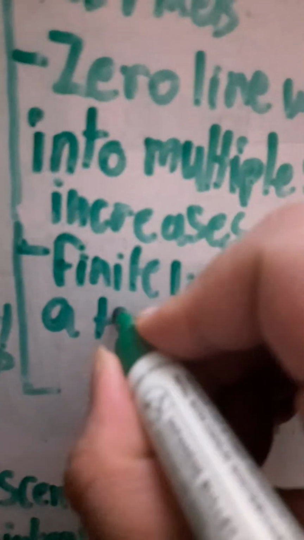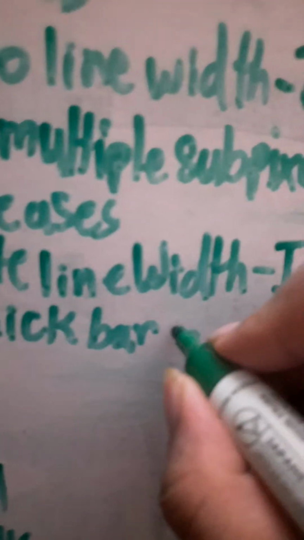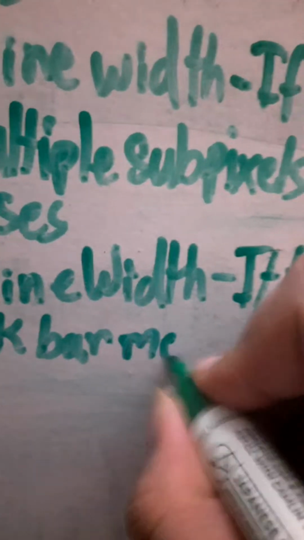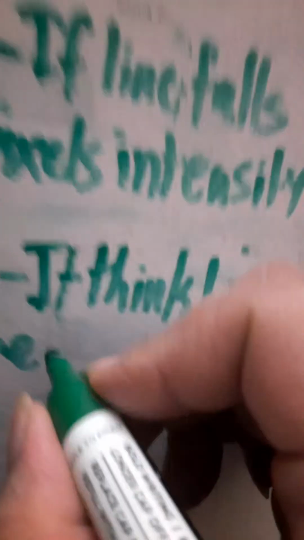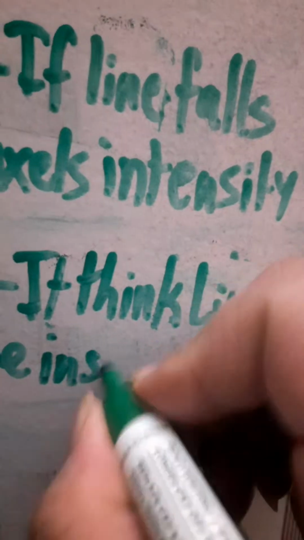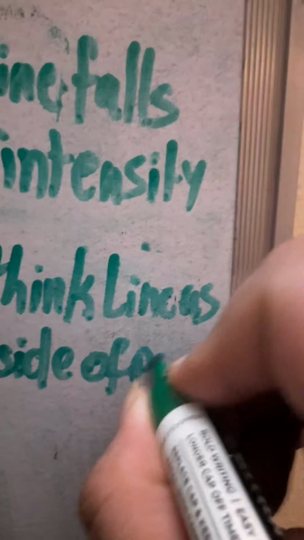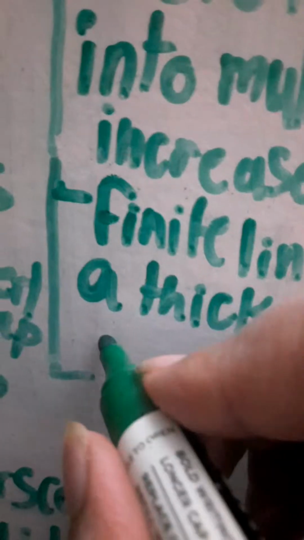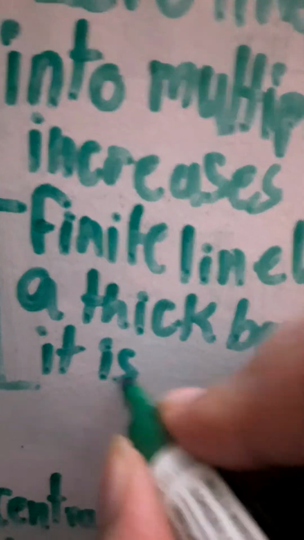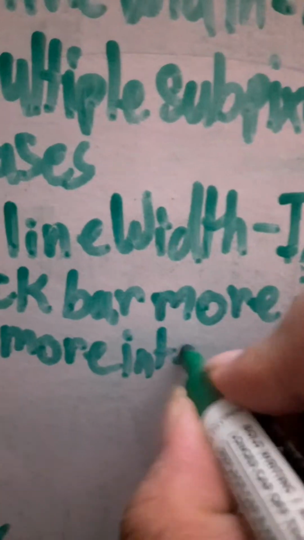The more inside of the polygon, the more intensity.